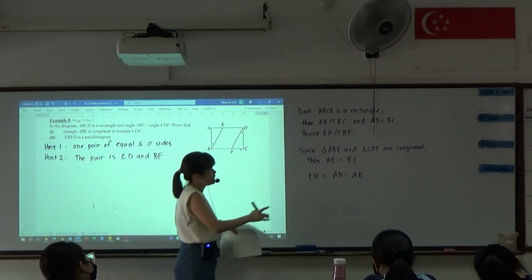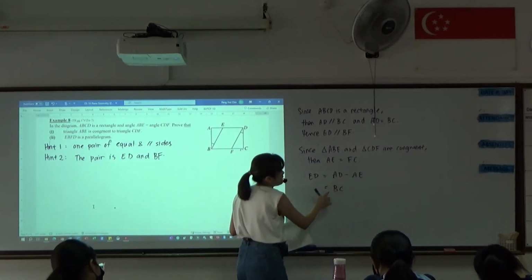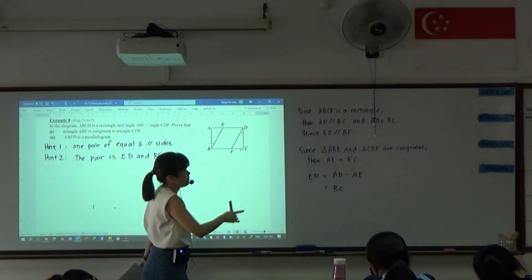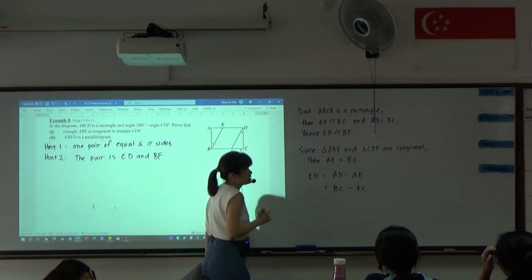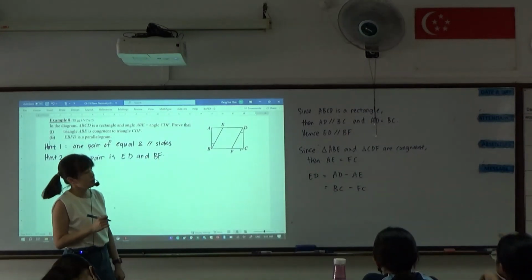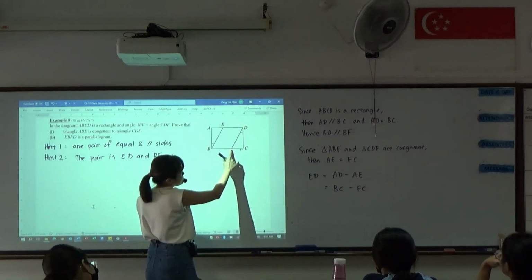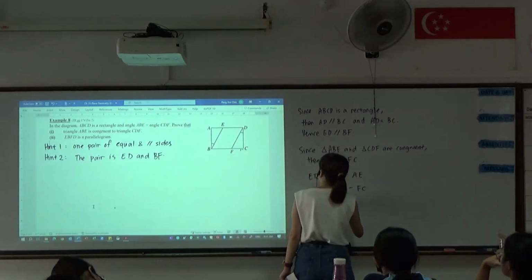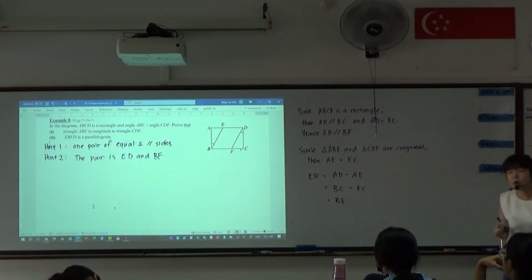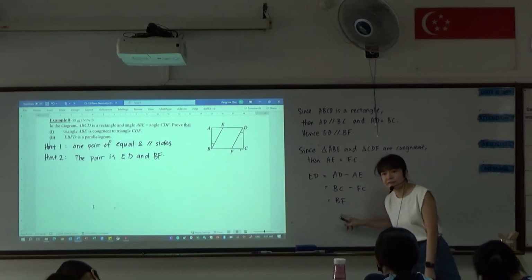Because we know that AD is equal to BC, we replace that, and also because we know that AE is equal to FC, we replace that as well. Then BC minus FC is equal to BF. And that's how we show with clarity that ED is equal to BF.